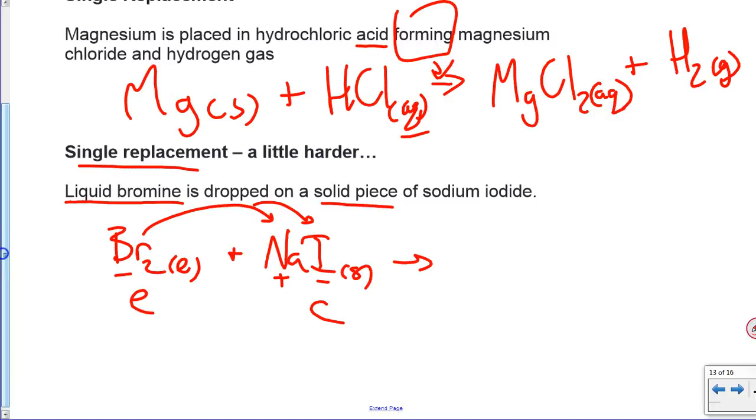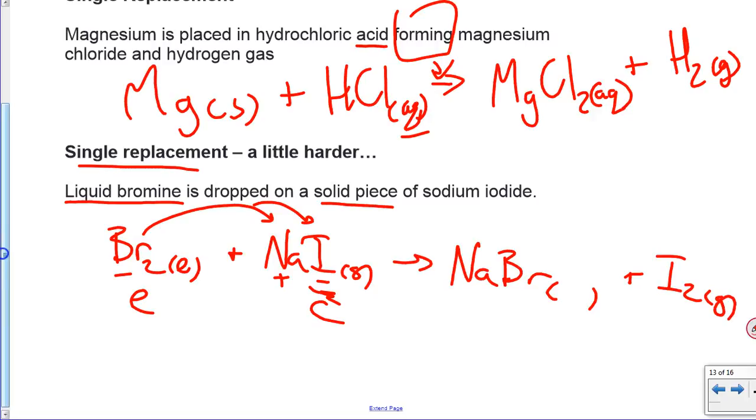So who's he going to replace? He has to replace the negative. He has to replace the iodide, strictly because opposite charges attract one another. So we see a new product form over here of NaBr. We don't know what the state is quite yet. Plus, now we have iodine kicked out by itself.